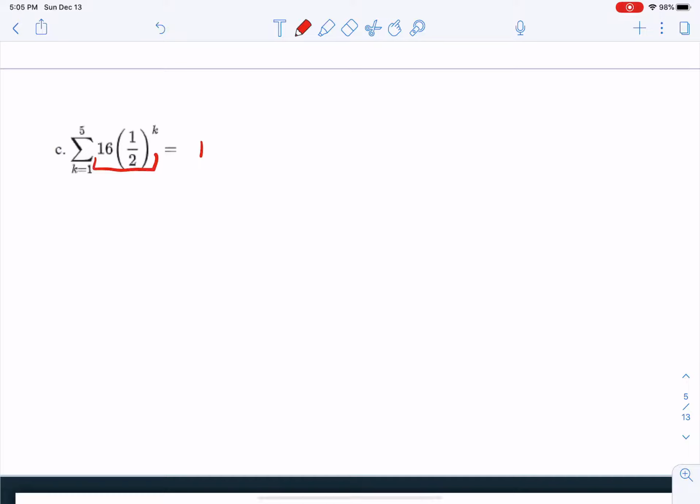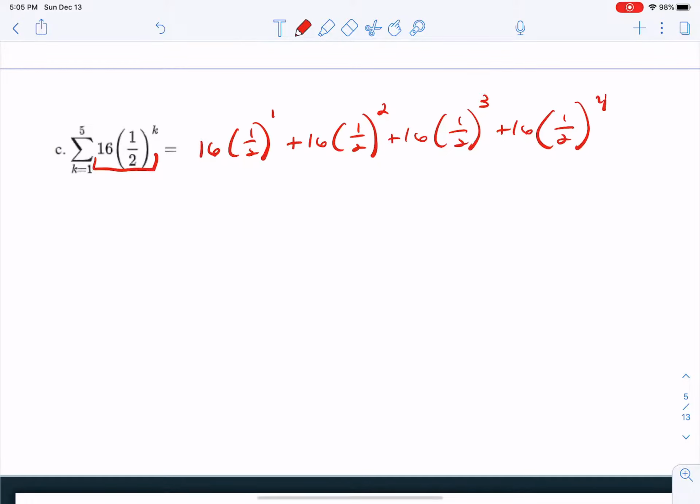So as I write out the terms in this sequence, I have the starting value when k is 1, when k is 2, when k is 3, when k is 4, up to and including when k is 5. So I'm adding up each term in this sequence to get a sum of 15.5.